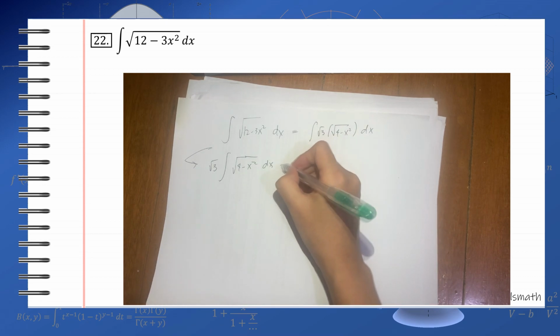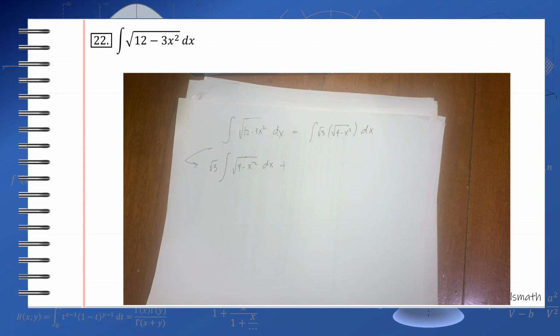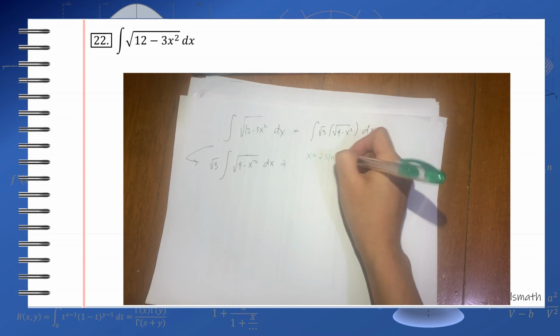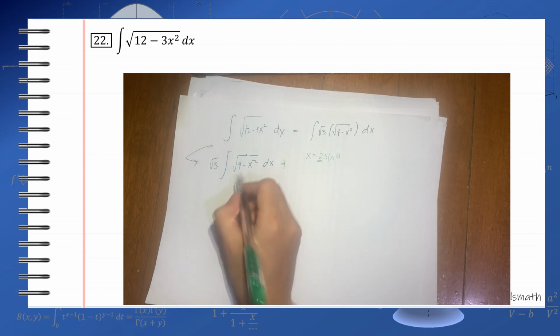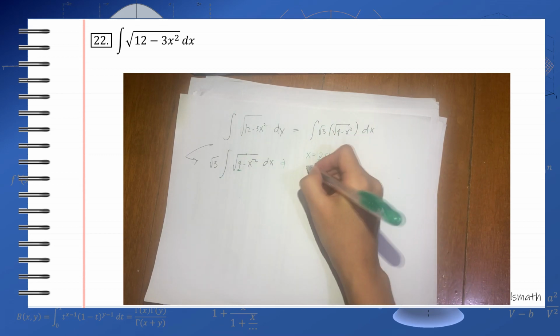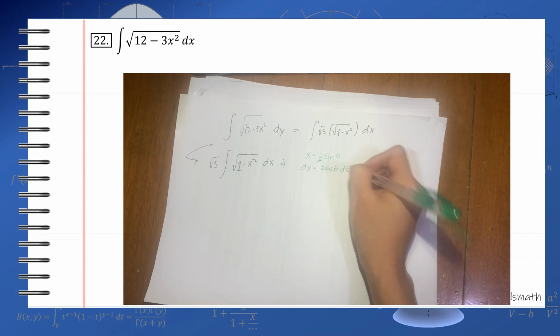The most intuitive solution is to use trigonometric substitution in terms of sine. So we let x equal 2 sine theta, the 2 coming from this one, since 2 squared is 4. Then dx is equal to 2 cosine theta d theta.